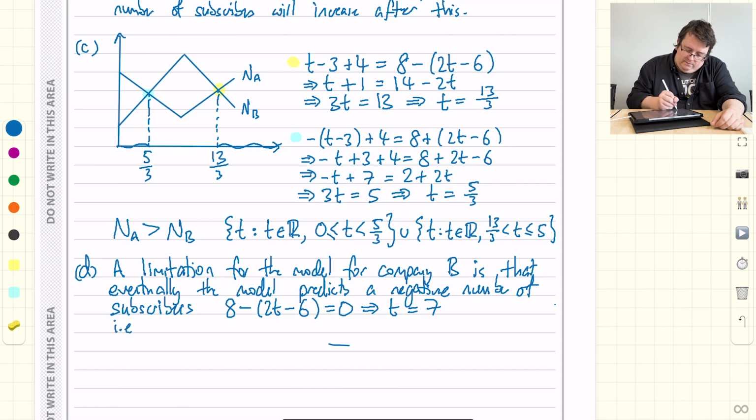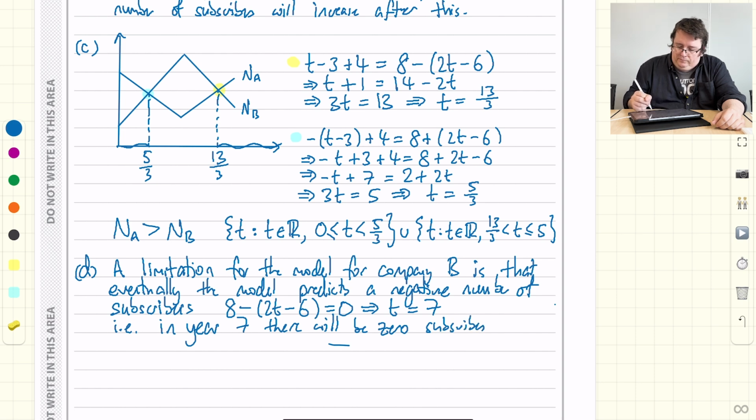So i.e. in year 7 there will be 0 subscribers. Okay, and then it would continue to decrease, which is unphysical.